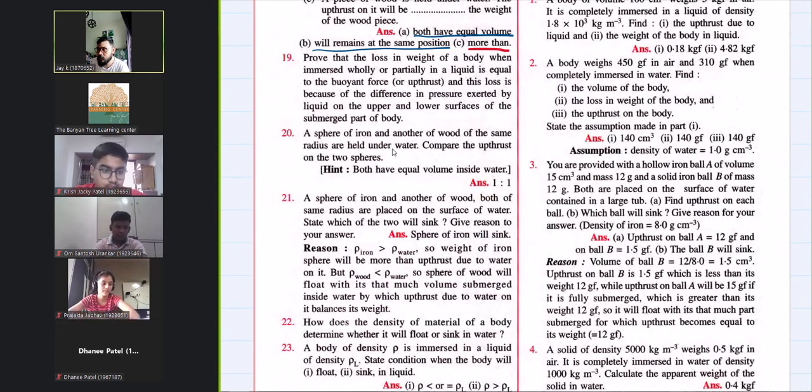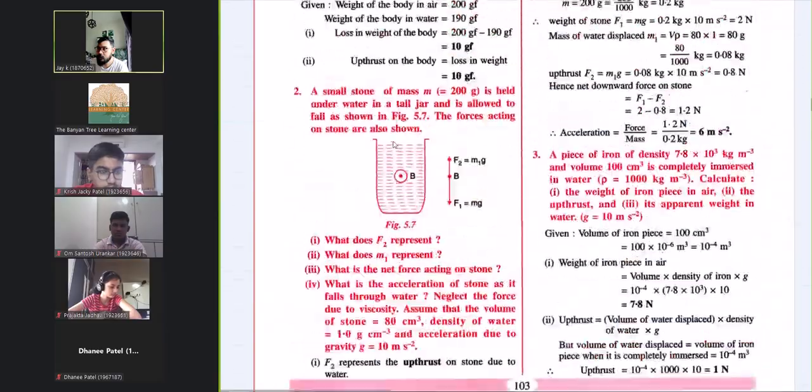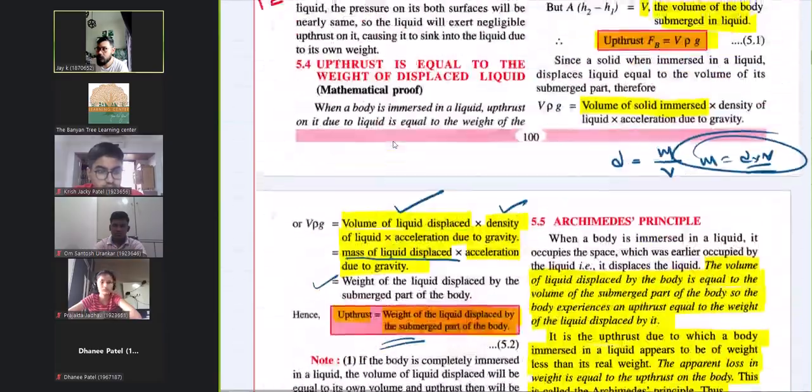Prove that the loss in weight of a body when immersed wholly or partially in a liquid is equal to the buoyant force, and this loss is because of the different pressure exerted by the liquid on the upper and lower surfaces of the submerged part of the body. This we have proved in this experiment.